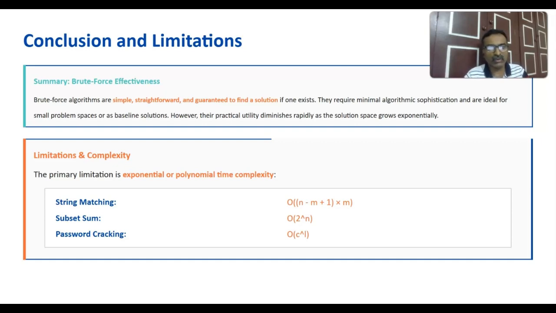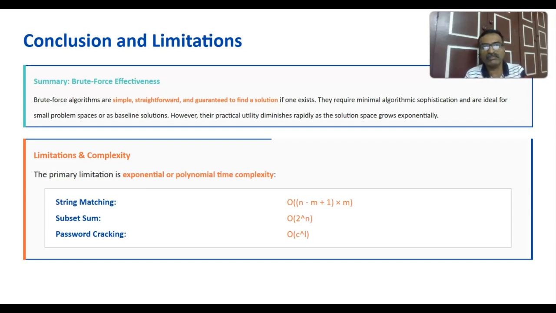This shows the order of complexity. For the string matching problem, the order of complexity is of the order of (n minus m plus 1) into m. That many solutions have to be tested. If it is a subset sum problem, you have to test 2 raised to n combinations. If it's password cracking, you have to take c raised to l. It depends upon the length as well as the possibility of each character.